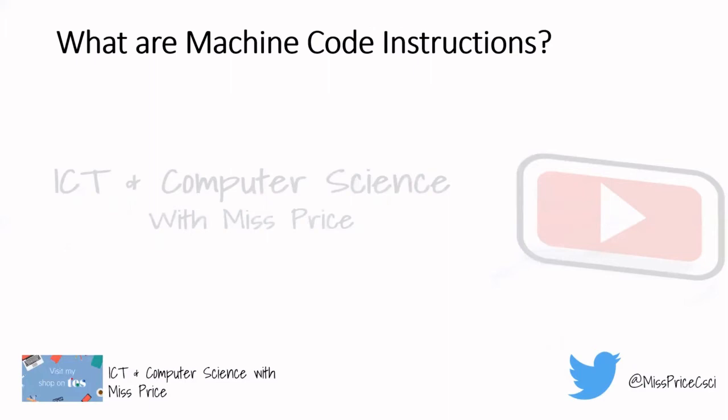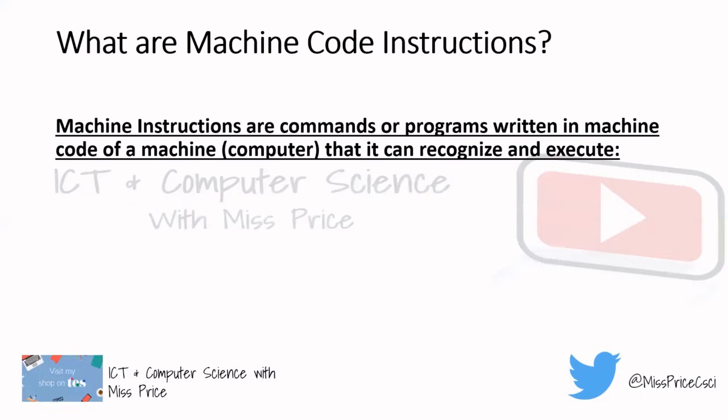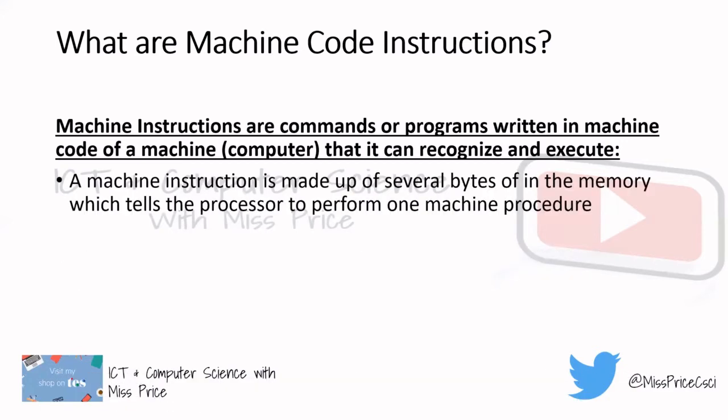So what are machine code instructions? Machine instructions are commands or programs written into a machine. So it's the code of the machine. The computer will recognize those instructions and execute them.